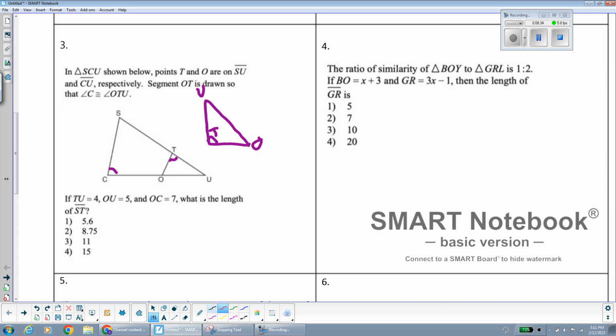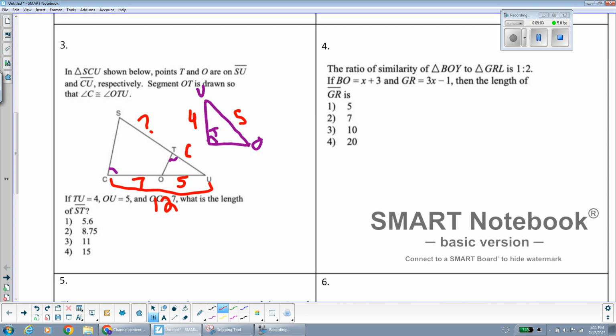TU is 4, OU is 5, and OC is 7. So if OU is 5 and OC is 7, that means this whole side from the big triangle is 12. And we're looking for the length of ST, so we're looking for the length of this side over here.